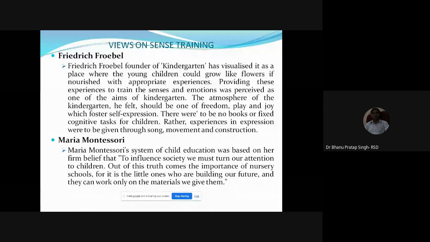The atmosphere of the kindergarten, Froebel felt, should be one of freedom, meaning play and joy. And play and joy foster self-expression of the child. There were to be no books or fixed cognitive tasks for the children.